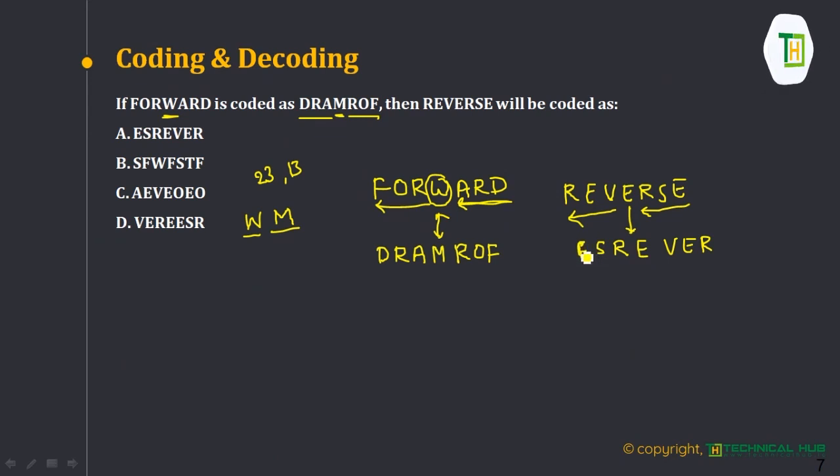There won't be any change. But when I flip W, it appears as M. So the answer should be ESR, EVER. The only thing is, the middle letter, instead of keeping it the same, they flipped it, and everything else they wrote in reverse order.